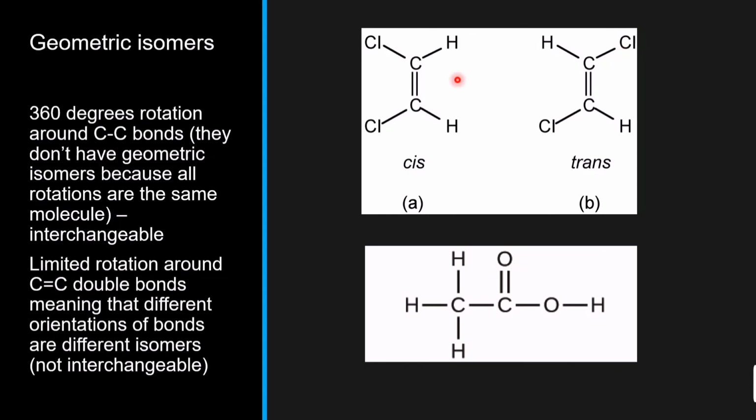And that means that these will be different isomers because they cannot interchange with each other. Whereas with this molecule, because of the 360-degree rotation around the carbon bond, these different rotations will be interchangeable, so they're not geometric isomers.